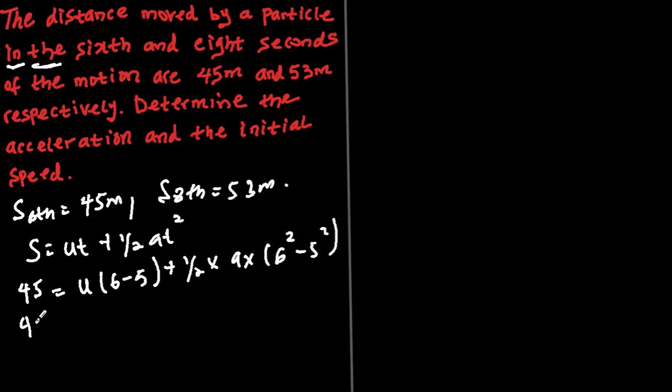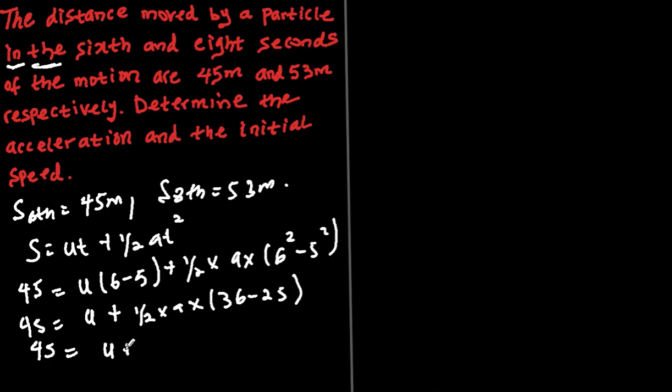So 45 equal to u plus half of a, 6 squared is 36. So half times a times 36 minus 25. 36 minus 25 is 11. So 45 equals u plus 11a over 2.